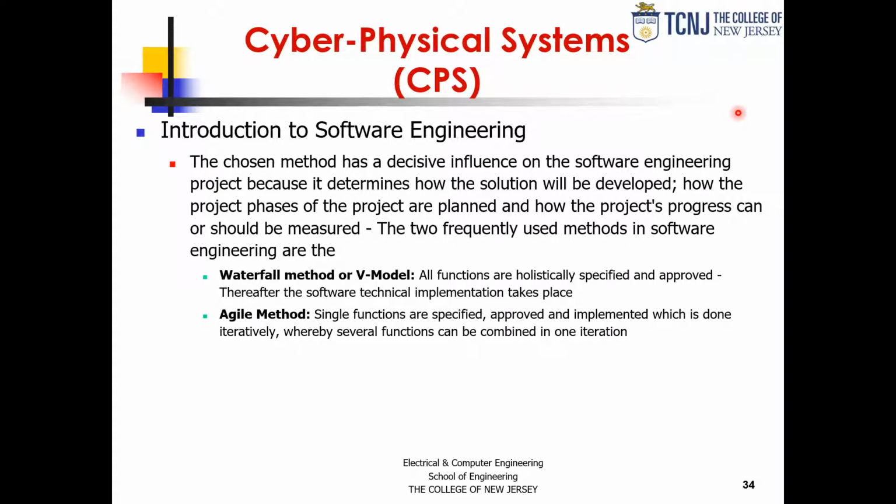So in terms of software engineering, classically, there have been a couple of development models that have been used. One is the Waterfall method and also the V model. Those are 2 different models of development. They're related, but they're different. And those are in the classic camp.